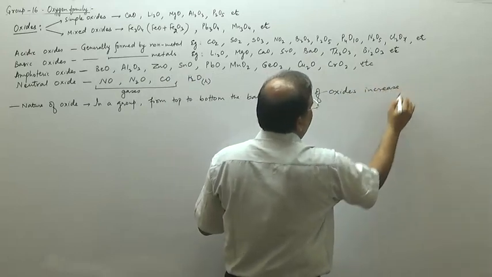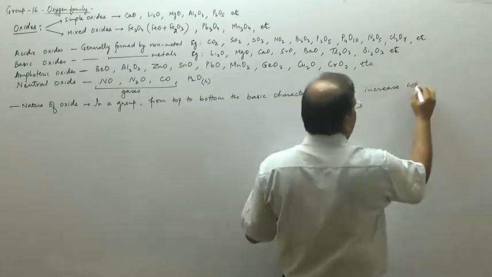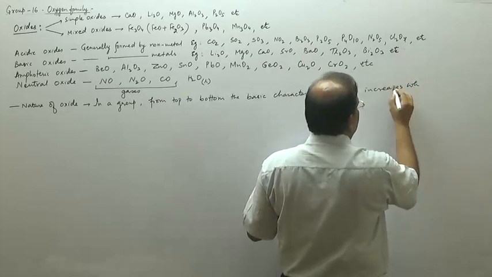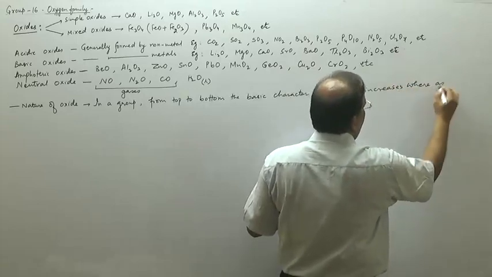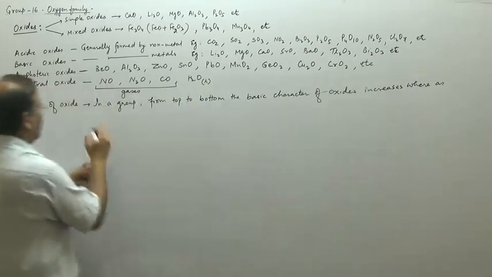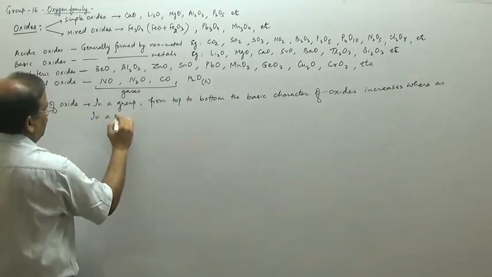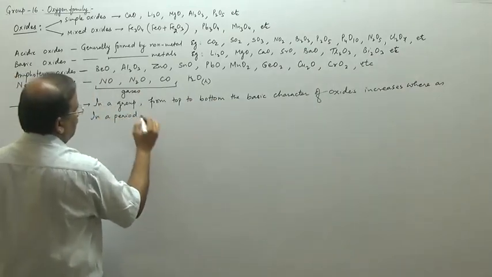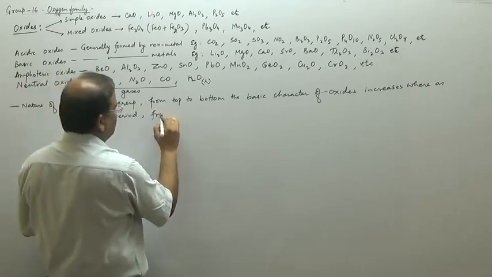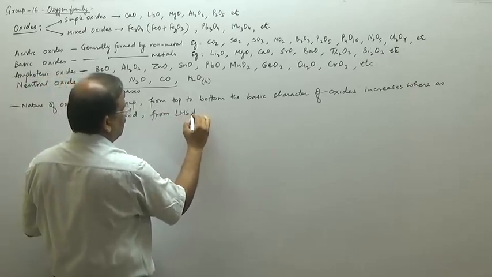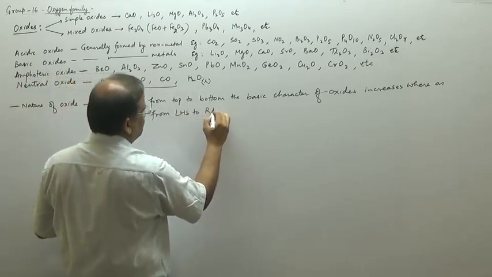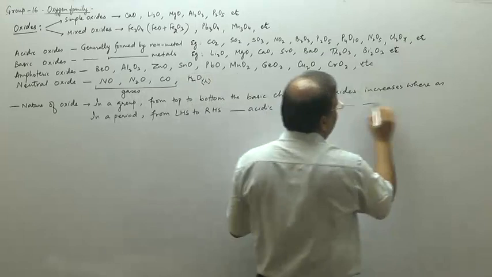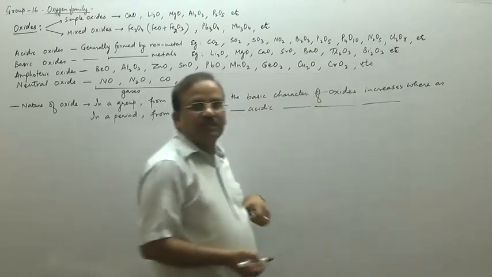Whereas in a period, from LHS to RHS, the acidic character of oxide increases.